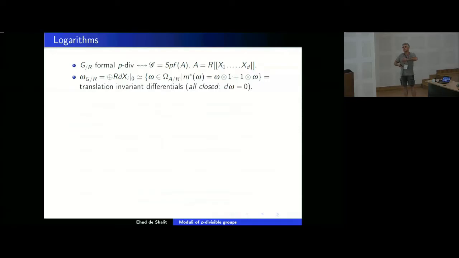But as usual in Lie theory, you can extend any element of the cotangent space at the origin to a left invariant, or here, since it's commutative, an invariant differential. And the invariance means that when you apply co-multiplication, you get omega times 1 plus 1 times omega. So these are the translation invariant differentials, and I identify omega always with them. And as usual in Lie theory, translation invariant differentials, even in the higher dimensional case, are closed.